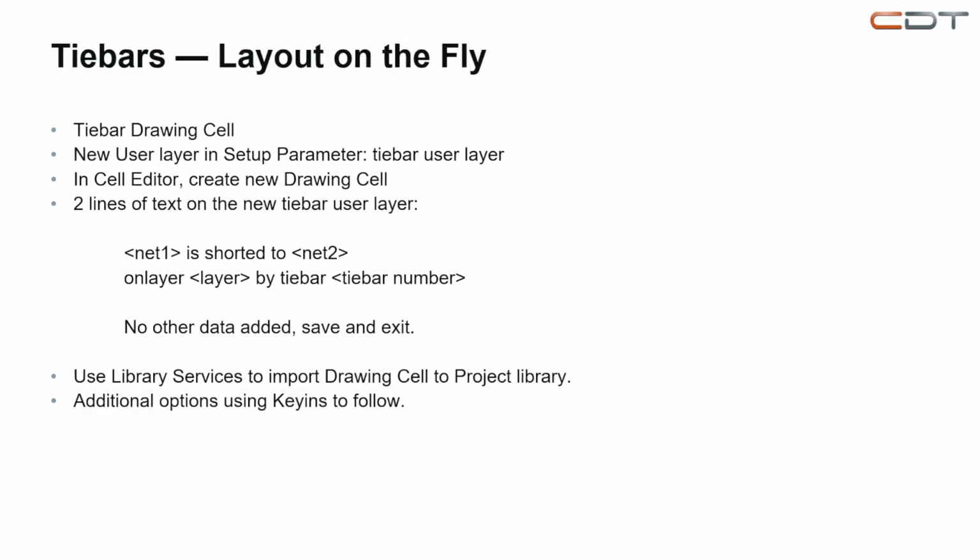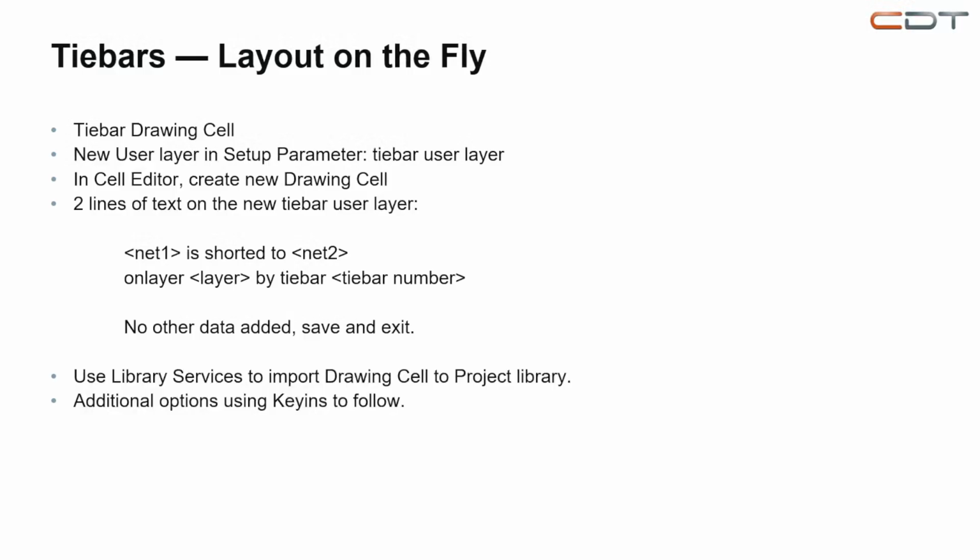Please note this should be drawing cell, not the normal cell. And inside this cell, in cell editor, you just add two text objects. One should contain this text, first line, second line. Both these texts should be created in Tiebar user layer, and you shouldn't add anything to that drawing cell.